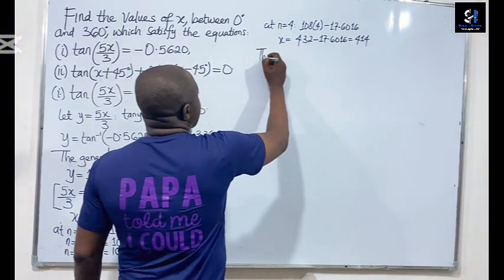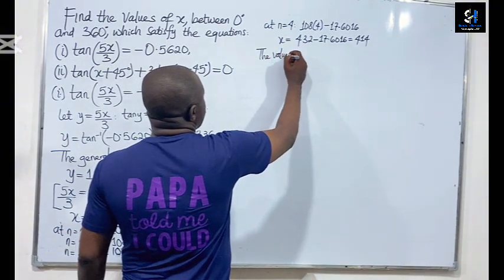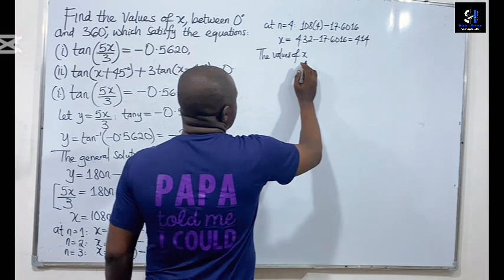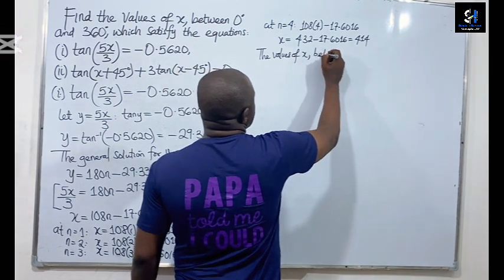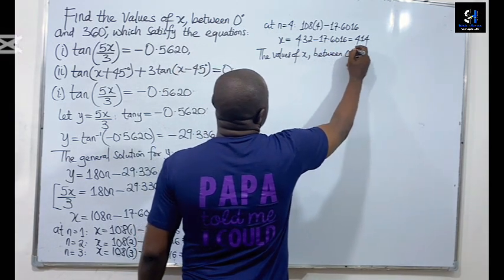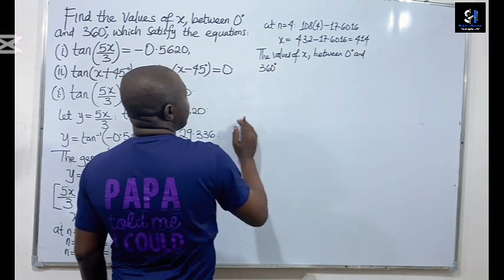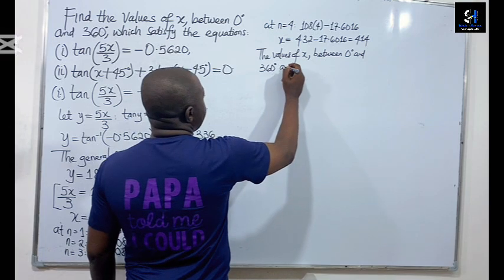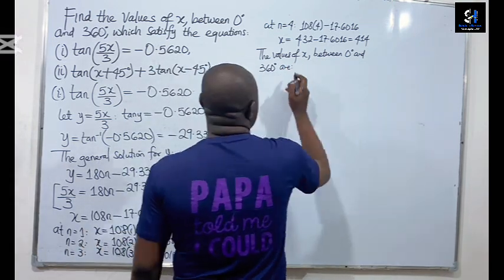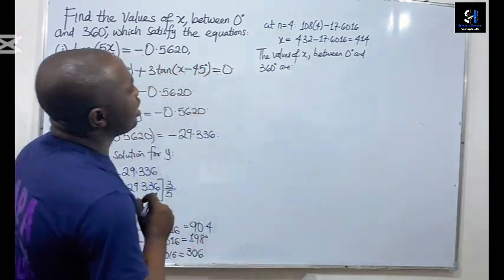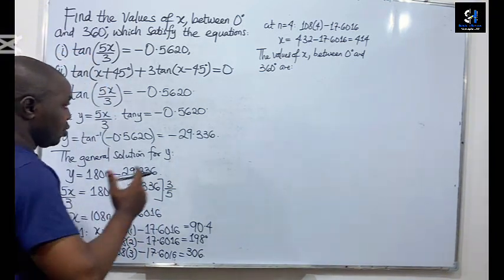So the values of x between 0 degrees and 360 degrees are, the first one, there's one more I did not do, let me just write it.